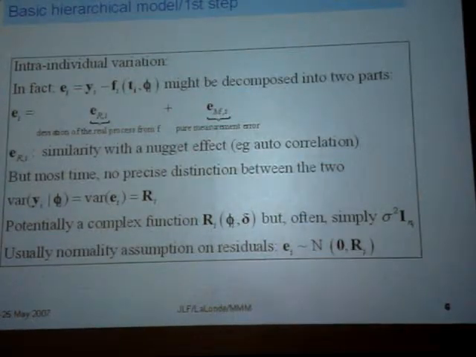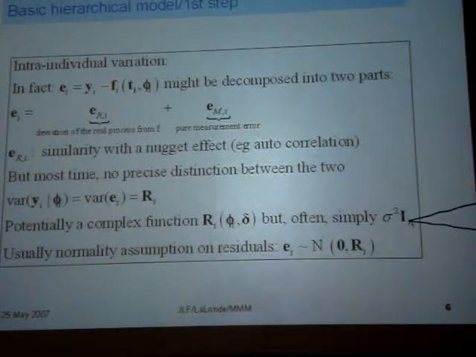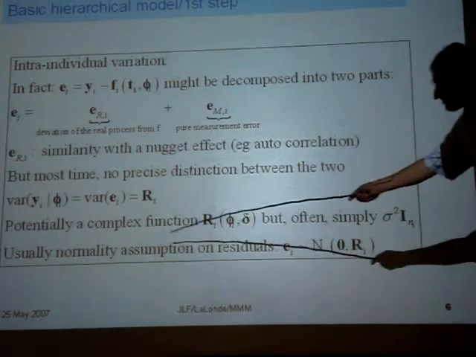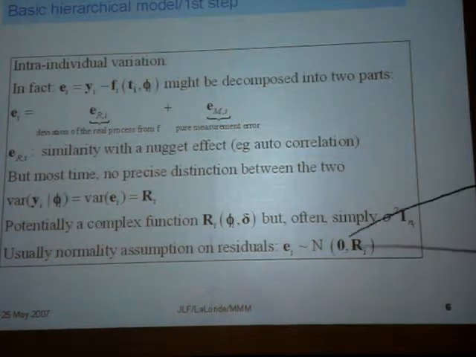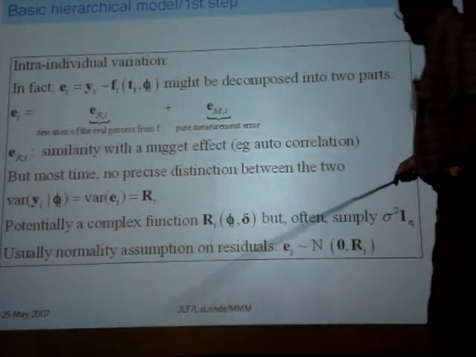And we will see that tomorrow, how to model this residual variance, especially in nonlinear mixed models. But today, we will stay with this very simple assumption, sigma squared, homogeneous and independent residuals, non-correlated residuals. And usually we make the assumption of normality on the residual, e_i normal of 0, R_i. But we'll see that tomorrow.